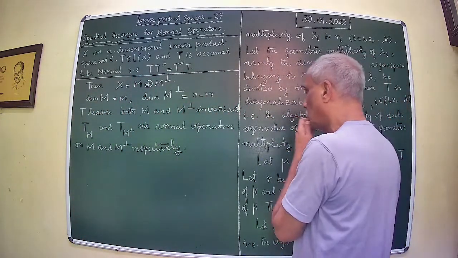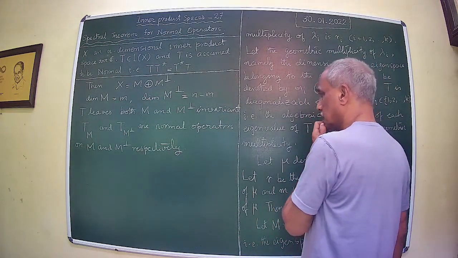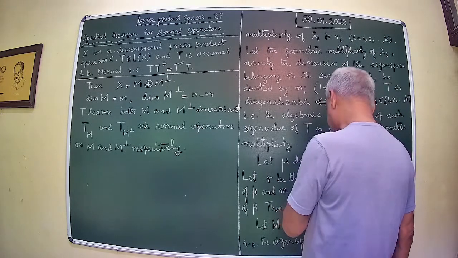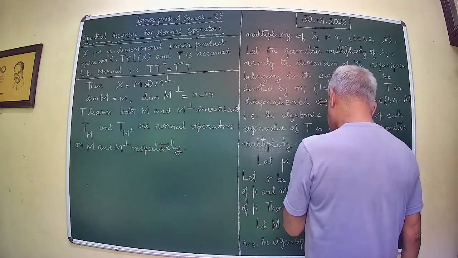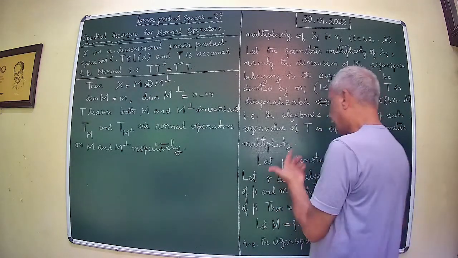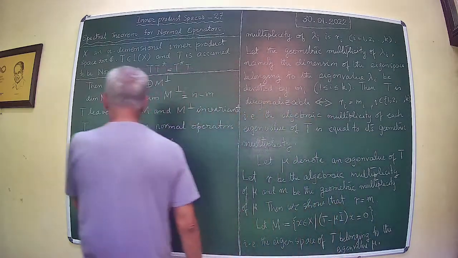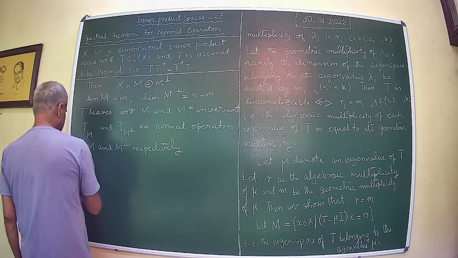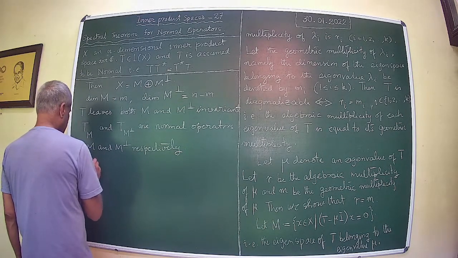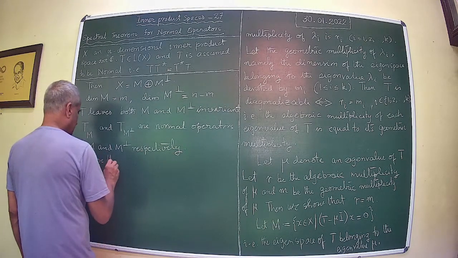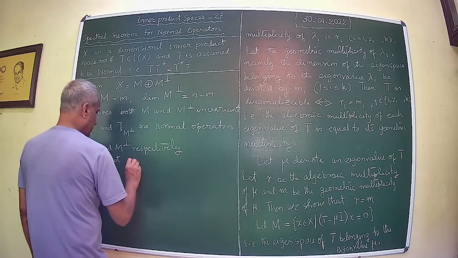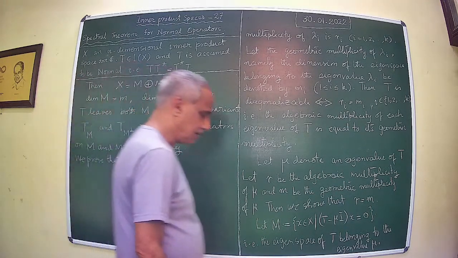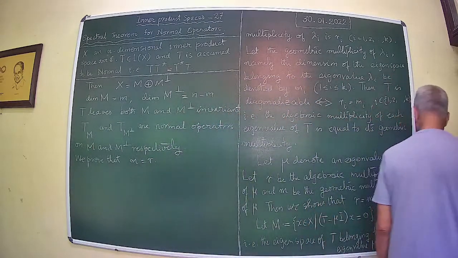Assume, okay, we have already assumed this. Now our claim is that M is equal to R. Our claim is that M is equal to R.